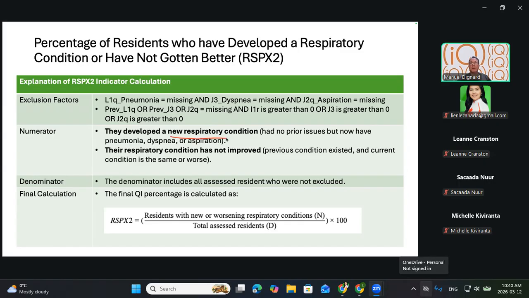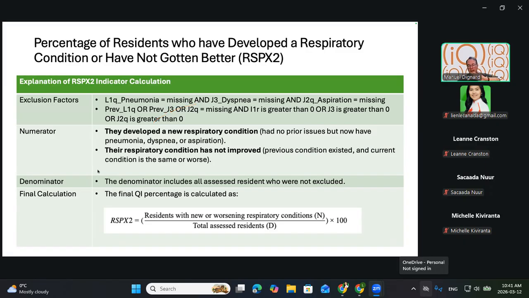So they developed a new respiratory condition, so had no prior issues, and now they have one, or they had it before and they still have it. That includes people on palliative care, and people with end stage disease. If all of your data is completed, nothing's missing, then you're not excluded, right? There's not too many exclusions on this one.